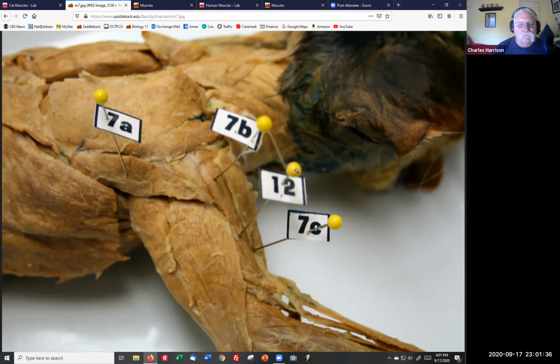Now, number 12, since we don't need to come back, is this muscle here. This is not the biceps brachii. The biceps is on the other side of the arm in the cat. And this one that comes out here is the brachialis. It works with the biceps all the time as a synergist.